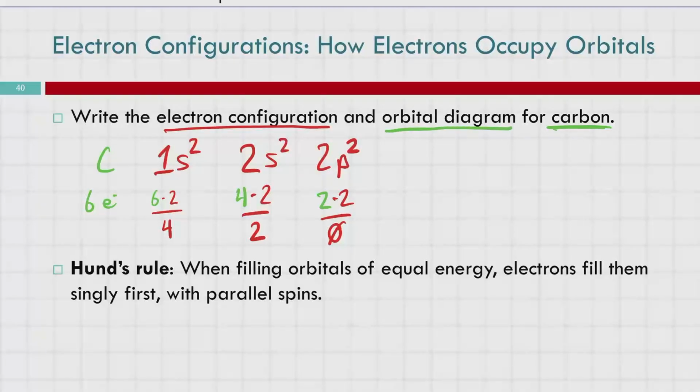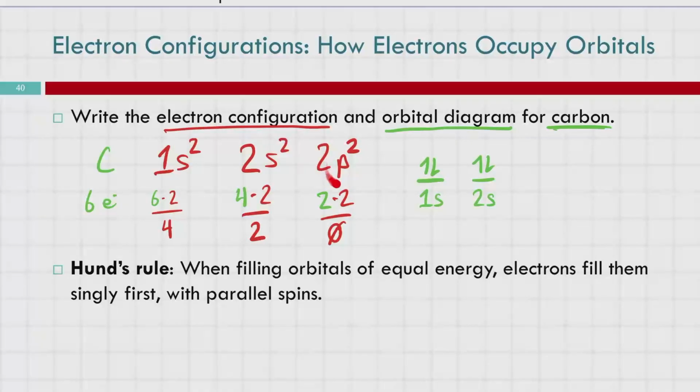Now we want the box version, the diagram version, the up-down version. And we're going to put in a box for our 1s, because we have one shape, one box. And we had 2 electrons, so we're going up, down. And for our 2s, we're doing the same thing. 2 electrons, 1 shape, 1 box, up, down.